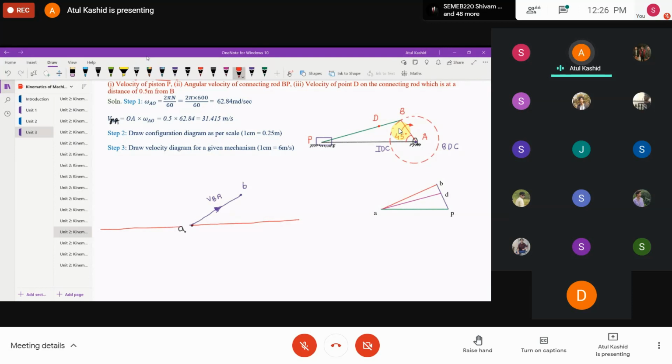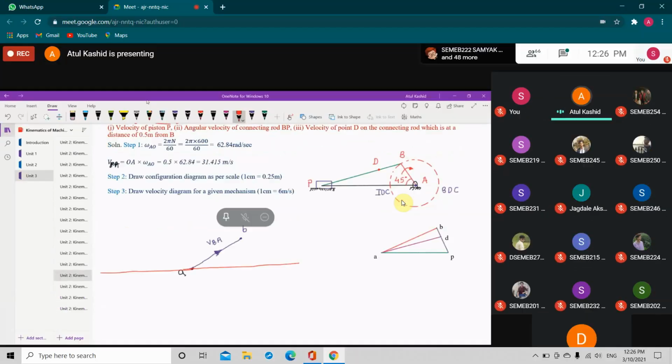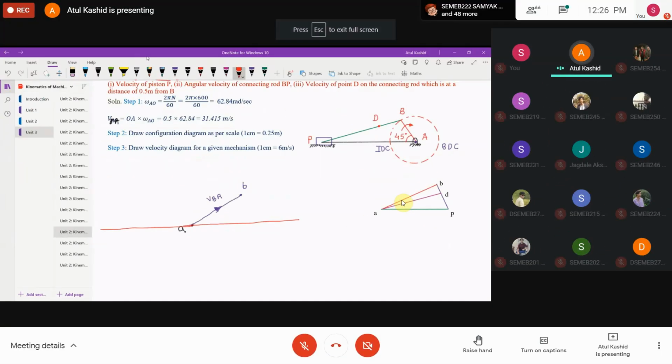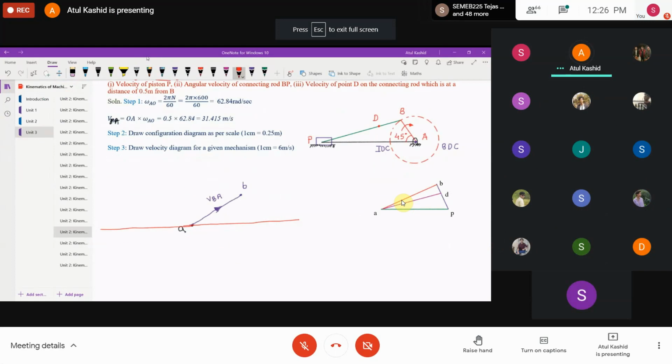Why are we doing this? Because we don't know the magnitude. We only know the direction, and the direction is whatever line I have drawn. This red line I have drawn is for the velocity direction of the piston. I don't know whether the point P is going to come to this side or to the other side.